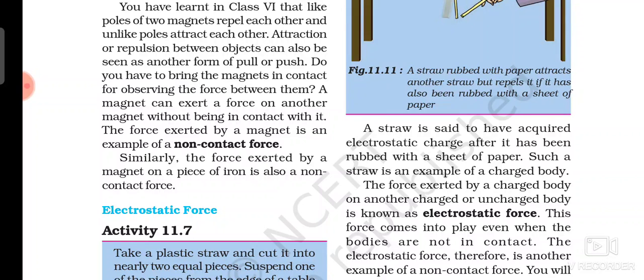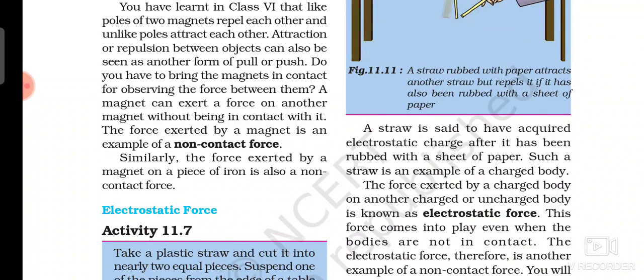So the force applied by a charged body on a charged or uncharged body is called electrostatic force. ठीक है, कोई चार्ज्ड बॉडी से दूसरे चार्ज्ड या अनचार्ज्ड बॉडी पे फोर्स अप्लाई किया जाता है, then it is called electrostatic force.